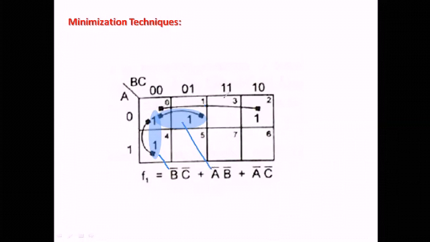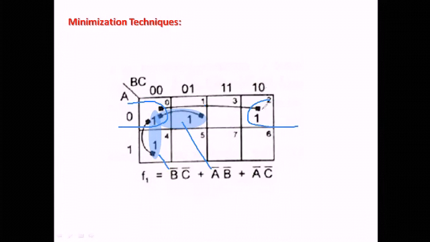Now this one and this one. For your simplicity, let me show it. We can do the pairing like this. This one and this one. That's why it is given like this. Here A is same in this box, 0, 0, and the value of C is same, 0 and 0.